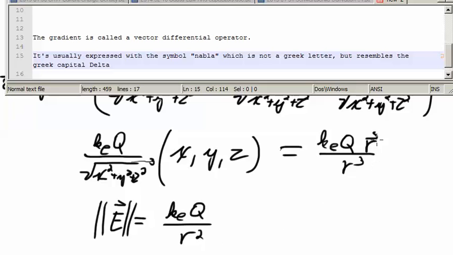And that kind of is derivable from this, because if we take the magnitude of this thing, the r vector over r is just going to be the unit vector in the r direction, which is sometimes written with a little hat on it.